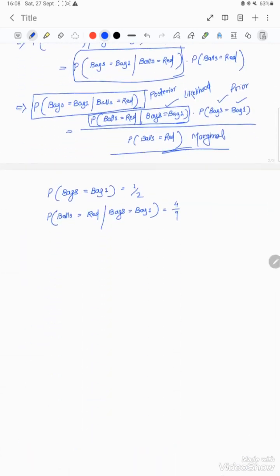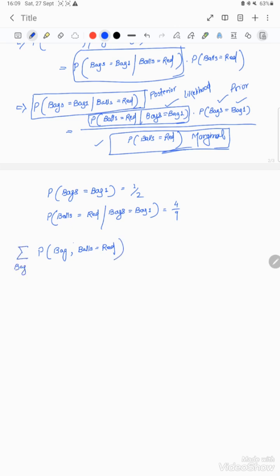Now let's look at this marginal thing. What does it say? In this case, the denominator looks into all possible bag events, all possible samples of bags. So it is a summation over all bags.